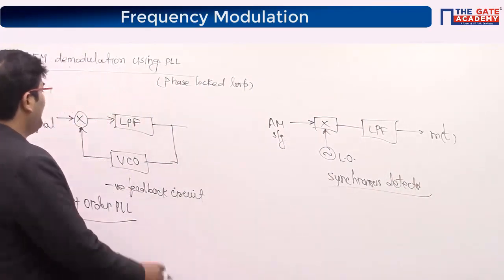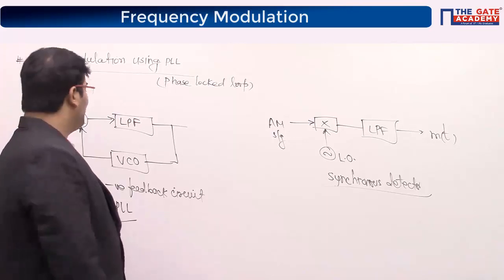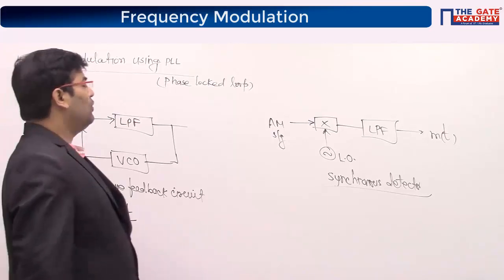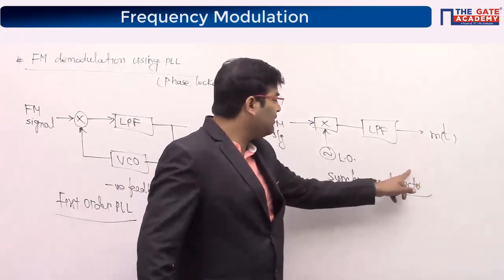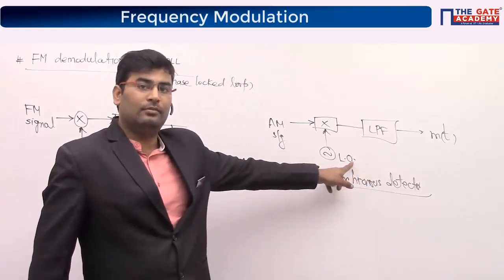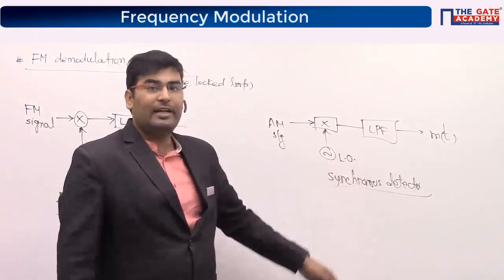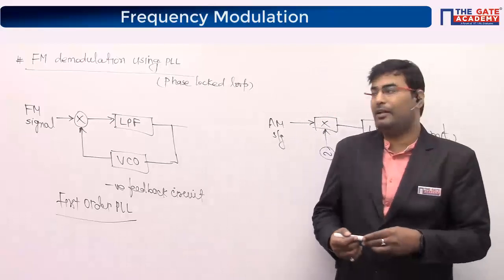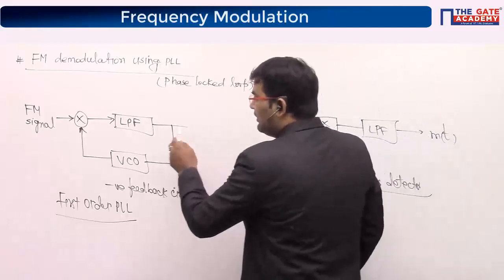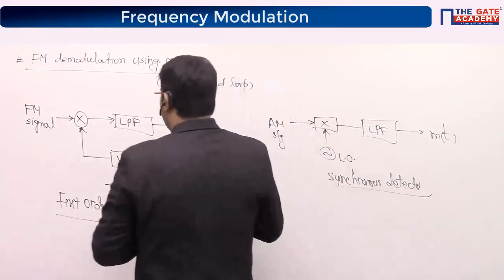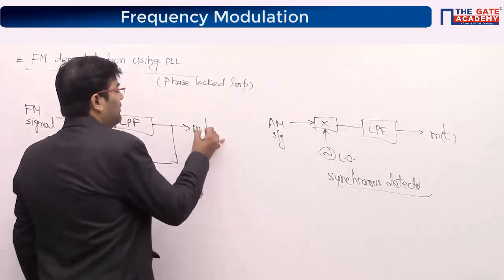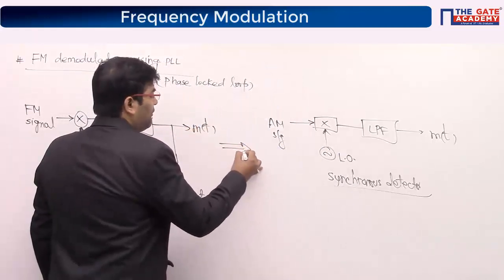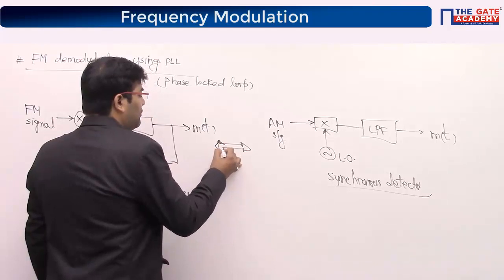So if you compare this with this, what is the only difference? You see that the output of the low pass filter is getting into a VCO, and constantly, what will happen the moment you give this message signal, because anyway the output is the message here as well, and both are a little bit equivalent. That's the point I'm trying to make.